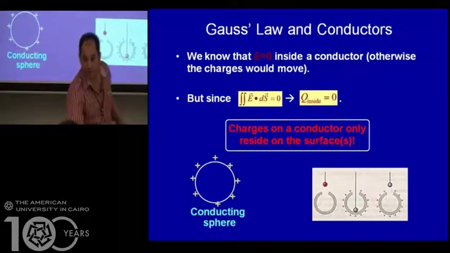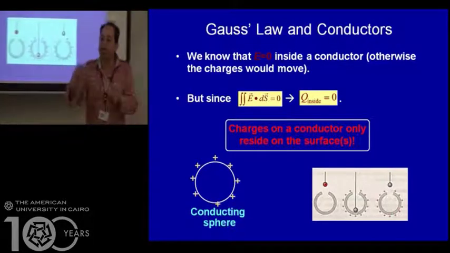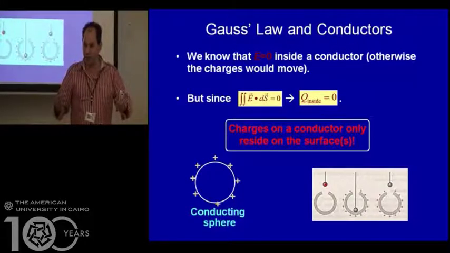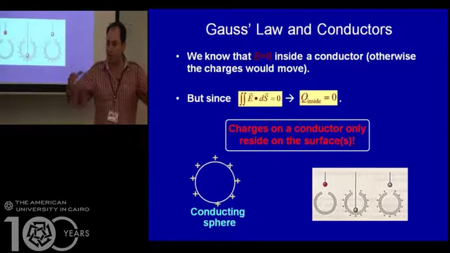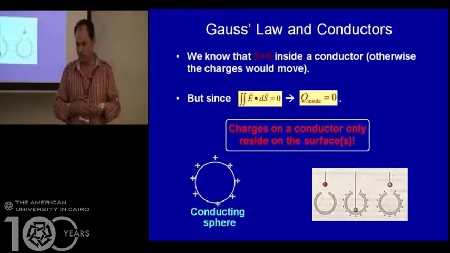Yes, so they are free to move, so they will repel each other till they go as far as possible from each other, and this is only on the surface of the sphere.